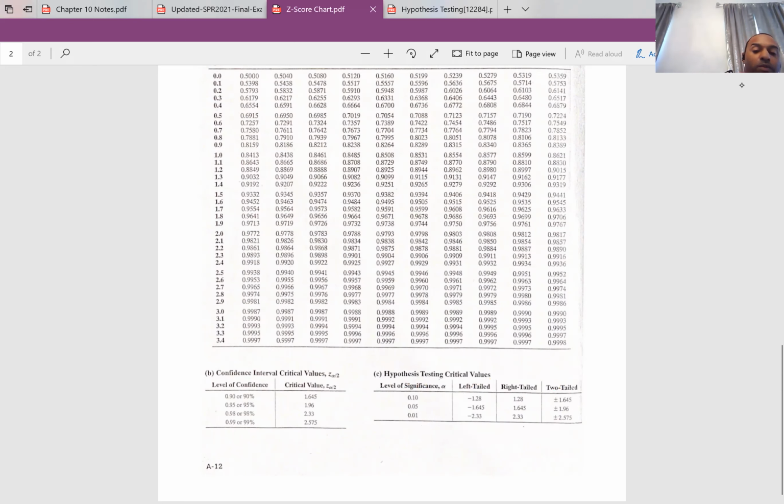This one gives us 0.025, but I'm just showing you that if you see 0.1, 0.05, or 0.01, like you'll see in a few examples, those will be right here. You don't have to go searching for them. But the one we just had was alpha at 0.025.